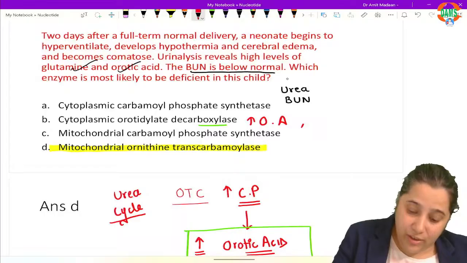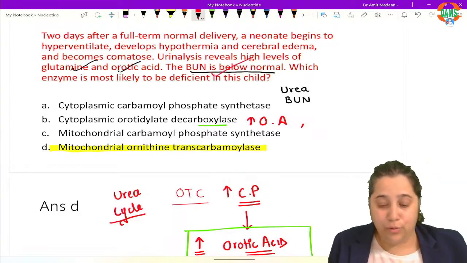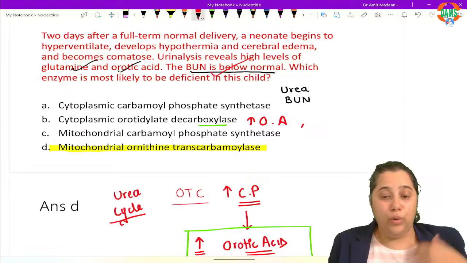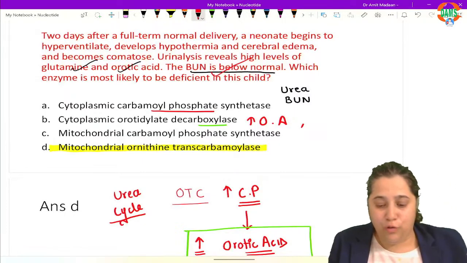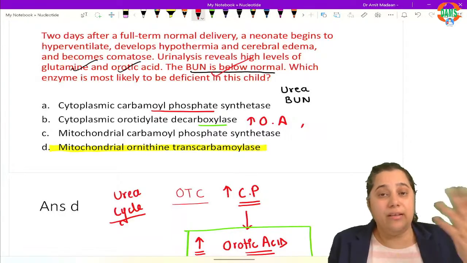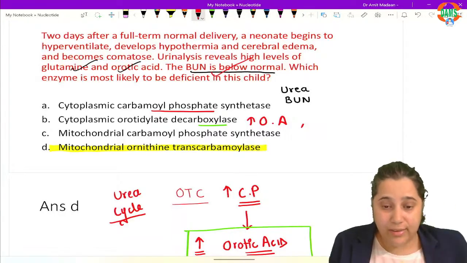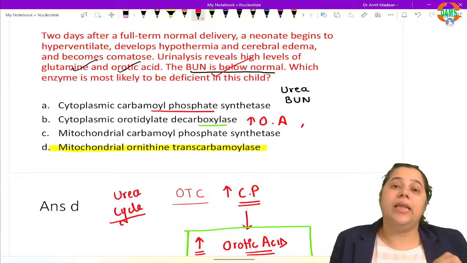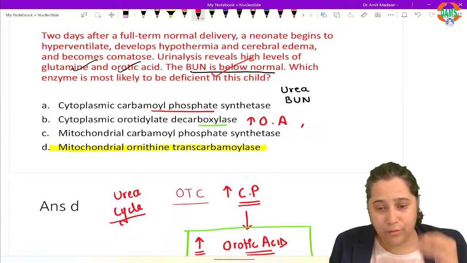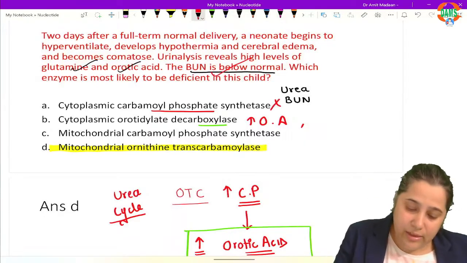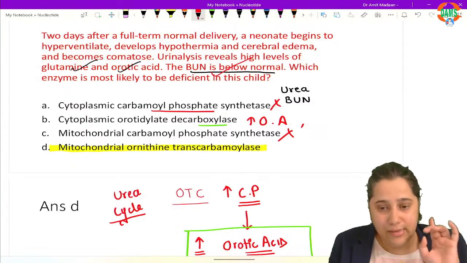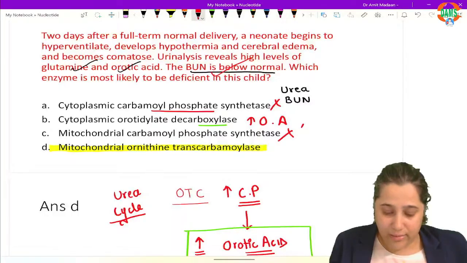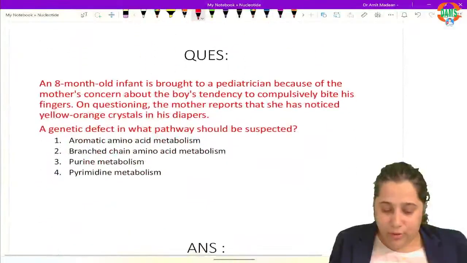But as mentioned in the given question, blood urea nitrogen is below normal and glutamine has high levels. If cytoplasmic carbamoyl phosphate synthetase is defective, then there will be no formation of carbamoyl phosphate. Again, orotic acid will be low. So these two enzyme defects will not be accompanied by an increase in the levels of orotic acid.